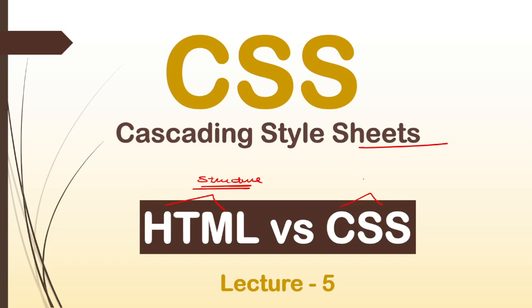And in case of CSS, it is a style sheet language for describing the presentation and design of this particular HTML structure. So this is how we can say that HTML and CSS are internally related to each other, right?